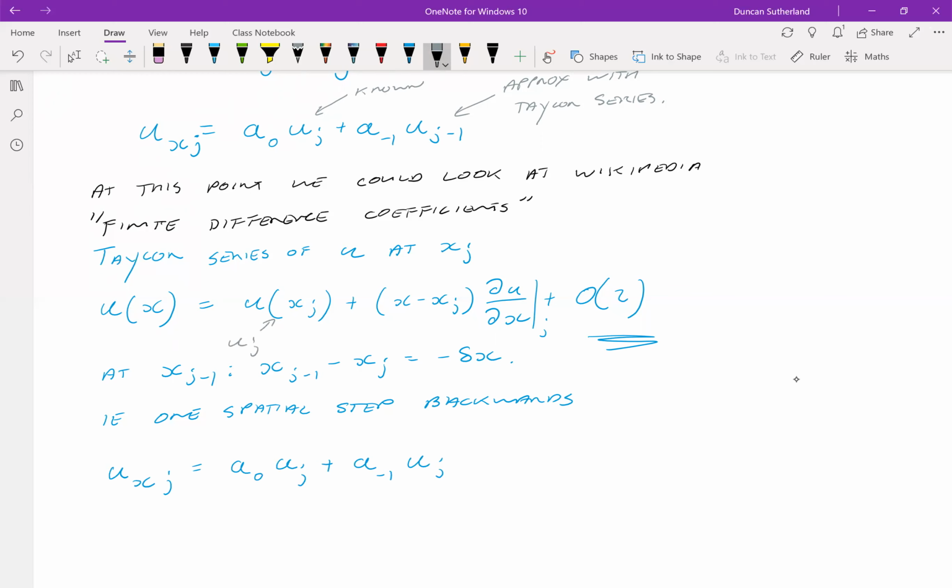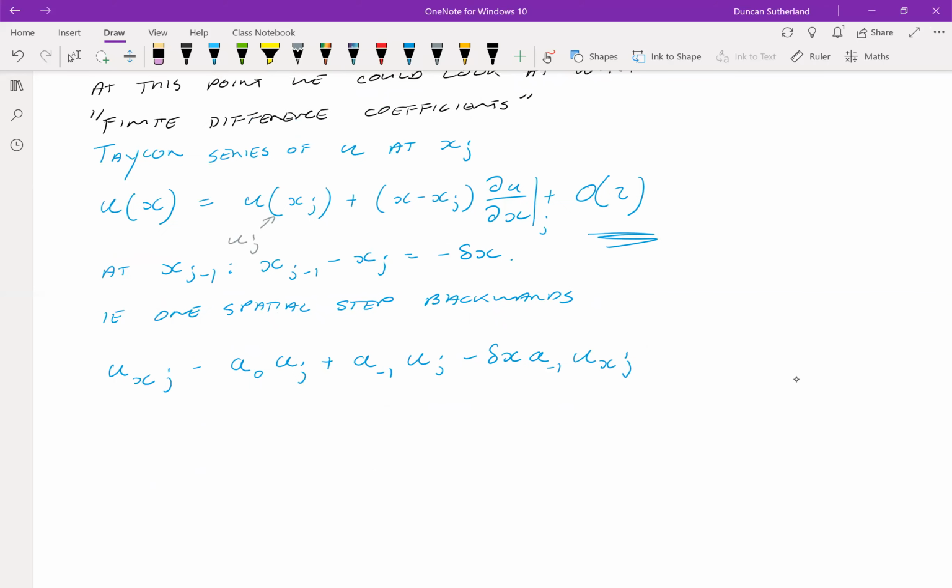This is uj, right? I'm just translating the subscript and not writing the x out. And I'm not going to worry about the order 2 terms, right? So this is very much an approximation. I'm trying to approximate ux at this point.